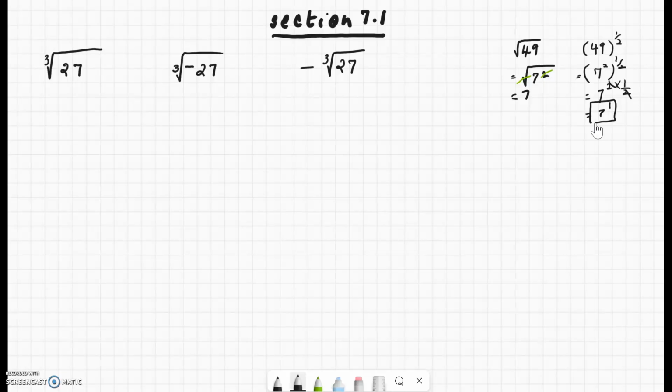Now let's look at a cube root. So when you have a 3 inside this, it's called the cube root. So we have the cube root of 8.